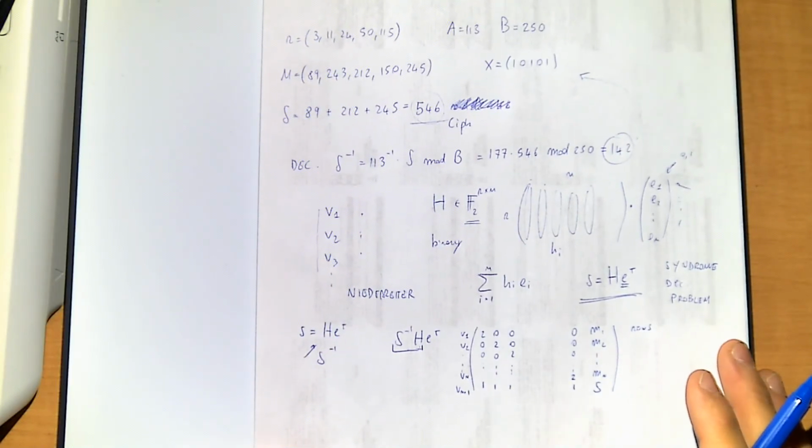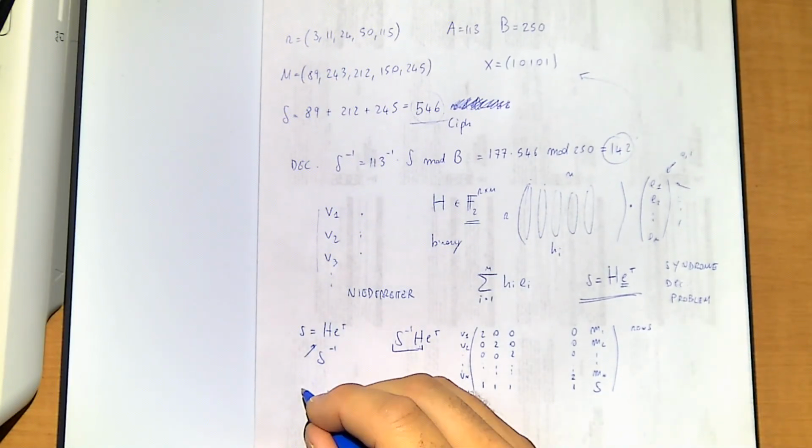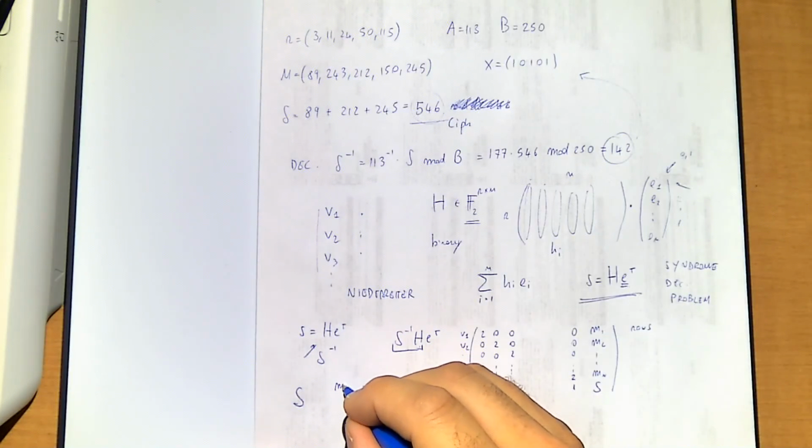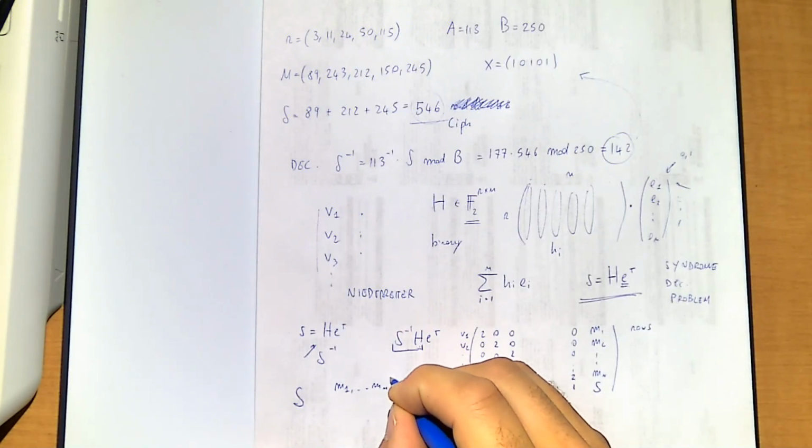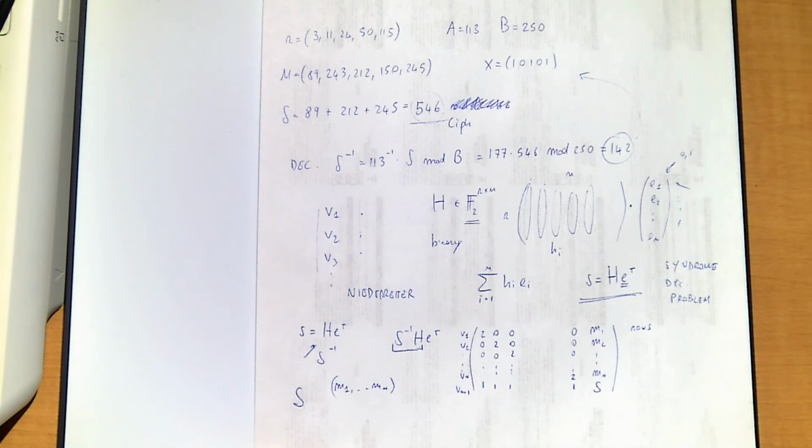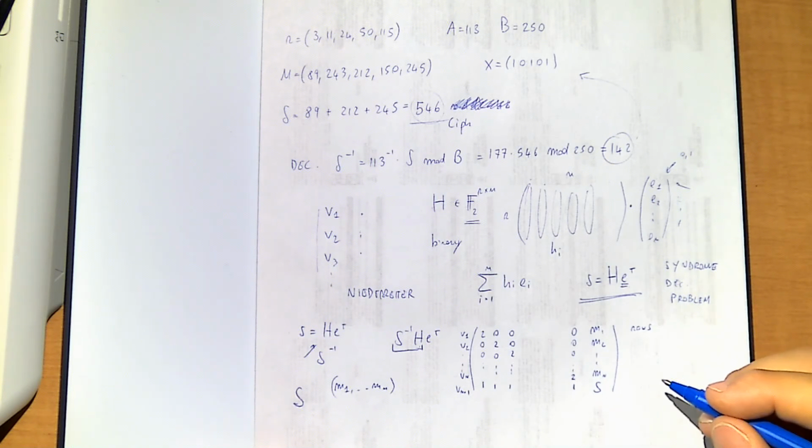and this corresponds to writing a subset sum from the sequence M1 to Mn, right? Because you can see that each vector here is going to be a combination.